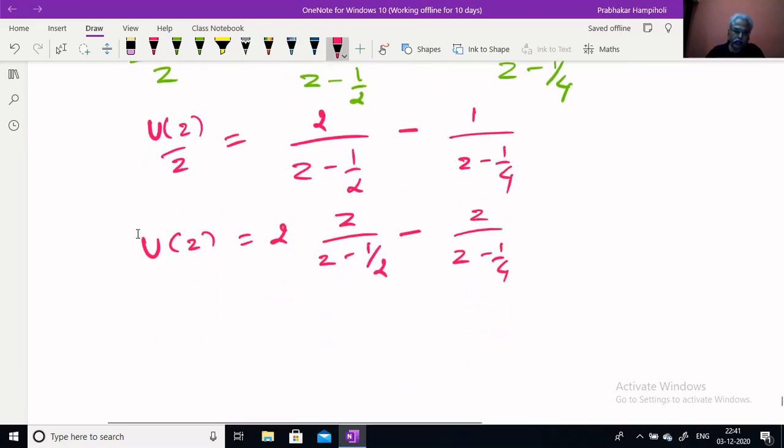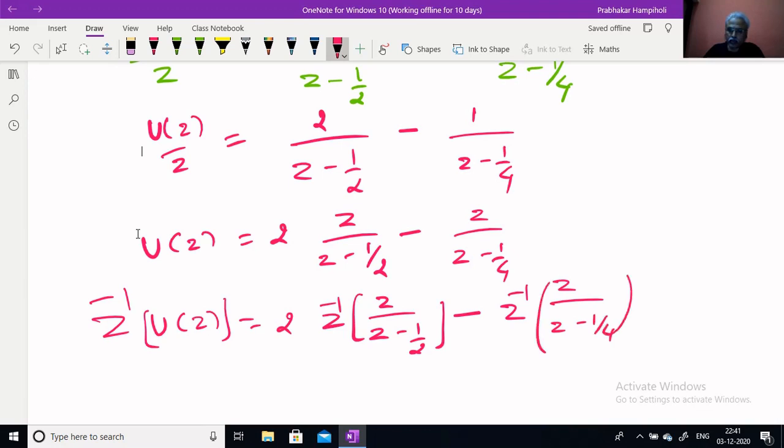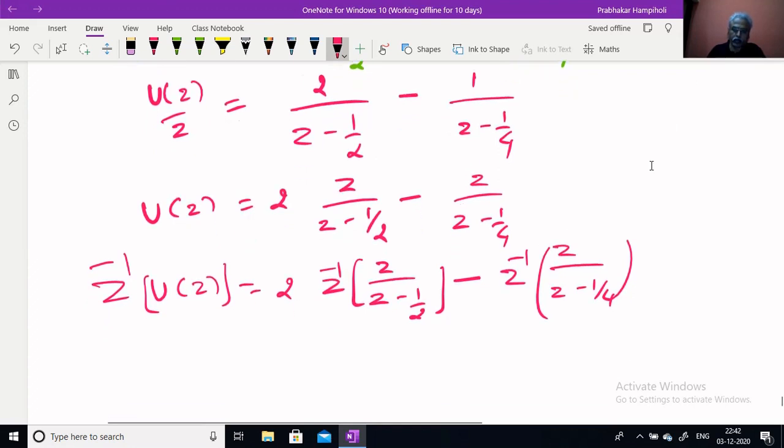And now if I take the inverse z transformation, z inverse everywhere, because z inverse is also linear, every term will get z inverse. Right hand side, after taking z inverse, naturally we are going to have some n function. So let us see what is that n function.